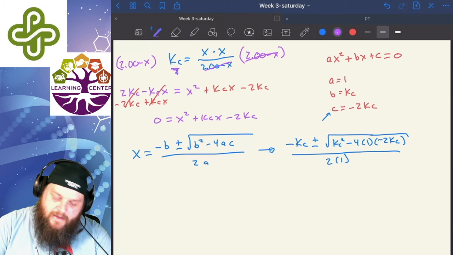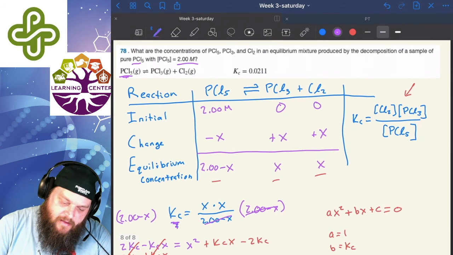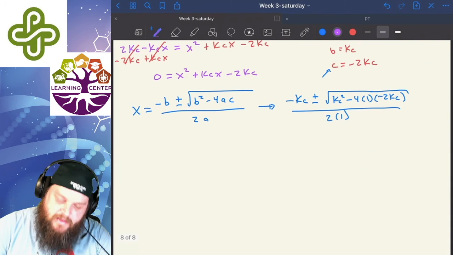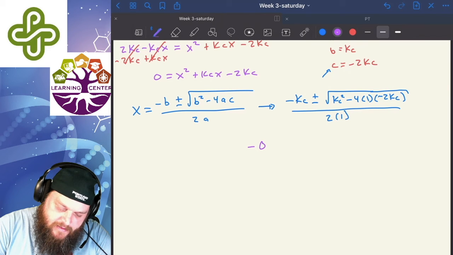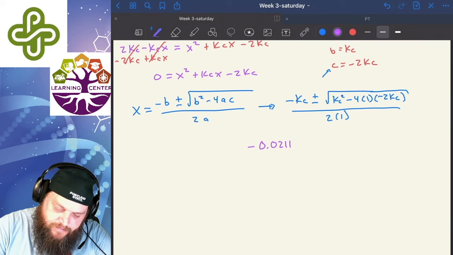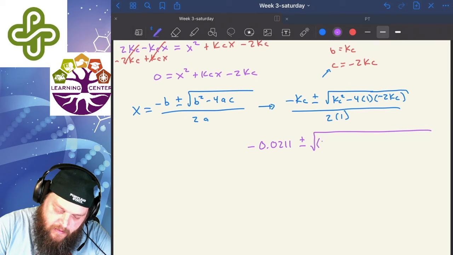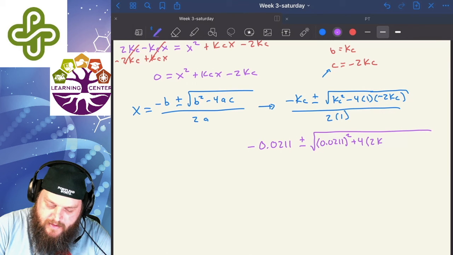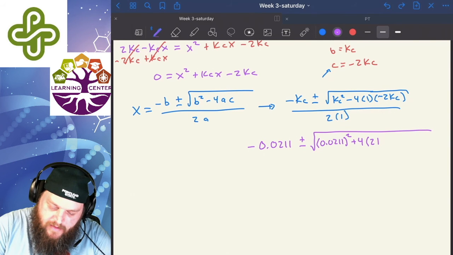So if I substitute in now my value of Kc, which is this 0.021 up at the top, we can see that that's going to be a negative 0.0211 plus or minus the square root of 0.0211 squared minus 4, and then it's minus 4 times a negative, so I'm going to make that a plus 4 times 2 Kc. I should put in that Kc, so it's really times 2 times 0.0211.